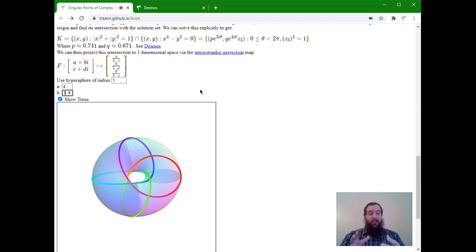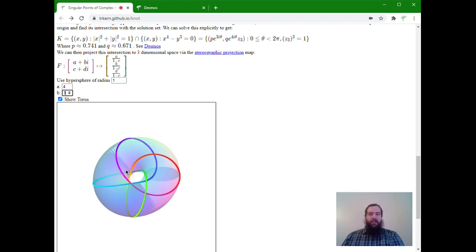And as we changed those, we got different knots and different links as a result. And so one of the questions that you might ask is, well, what if this were some other sort of polynomial? What sorts of cross sections could we get by doing this?